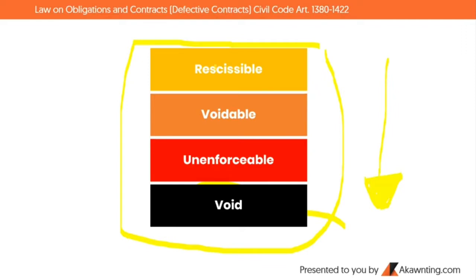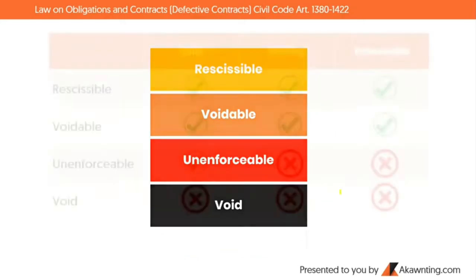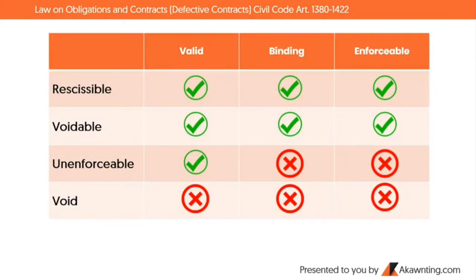So, meaning, ang medyo malakas-lakas pa dyan is yung rescissible. Okay? Compared to the next 3 types of contracts natin. Okay? So, meron tayong dito, table to compare the validity, the binding, and the enforceability of each, okay, of each defective contracts.